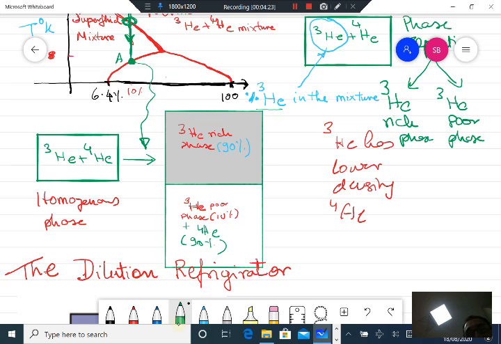You have one phase in which, let's say, 10% helium-3 is present in 90% helium-4. So the mixture consists of 10% helium-3, the remaining 90% is helium-4, and the remaining 90% of helium-3 comes on top.